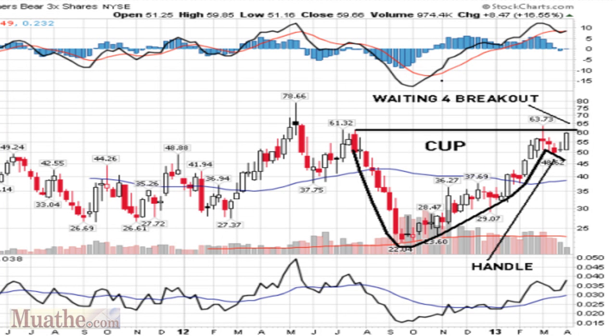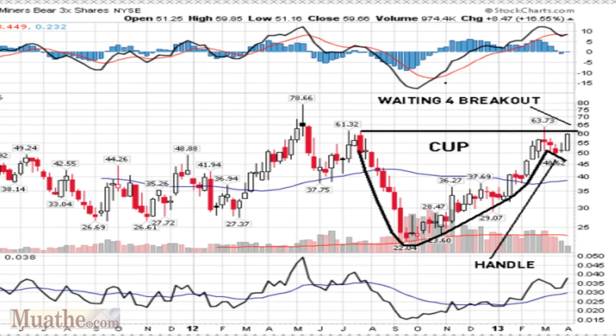Now, they were right because they had a cup, handle, and a breakout. But what really intrigued me is the fact that they were saying wait for the breakout above this level here. So the breakout for the DUSD would have been at about 61 and 30 cents. So 61 and 30 cents would be your entry point.